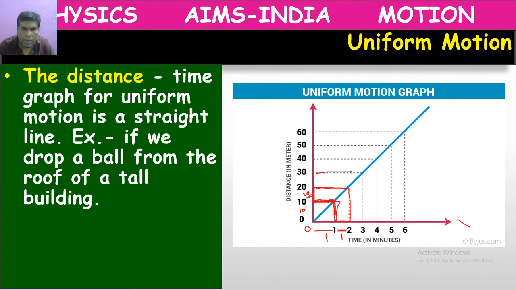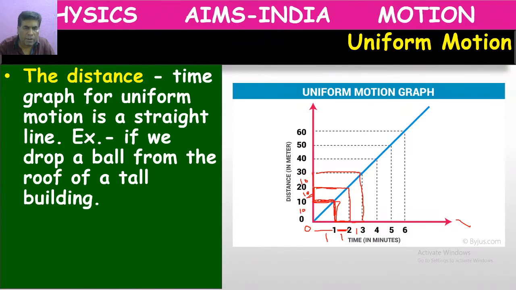Again, if you observe from 2 to 3, what is the time interval? 1 second. From 20 to 30, what is the distance traveled? 10 meters. Because after 2 seconds, it is at 20 meters. At the third second, it is at 30 meters.